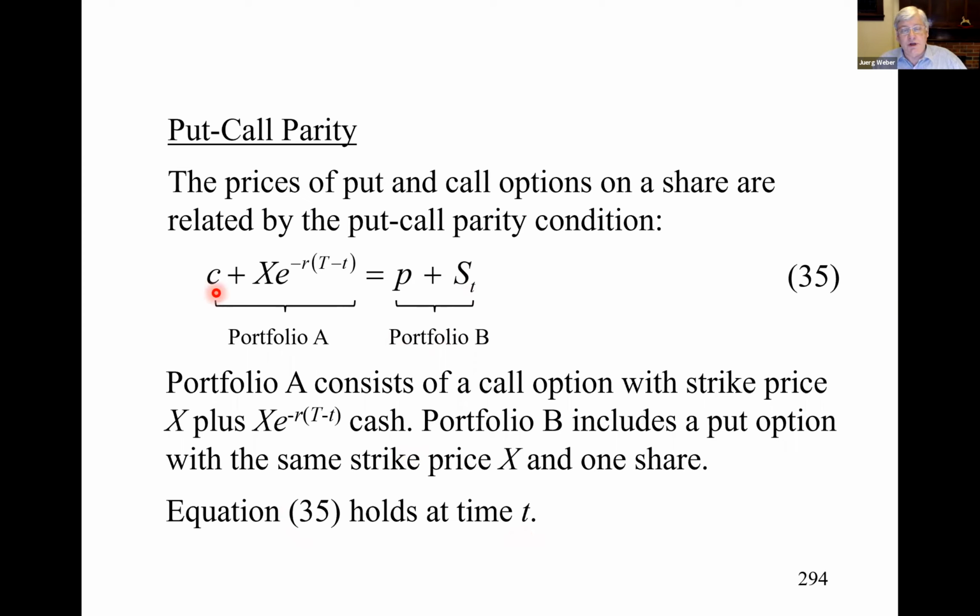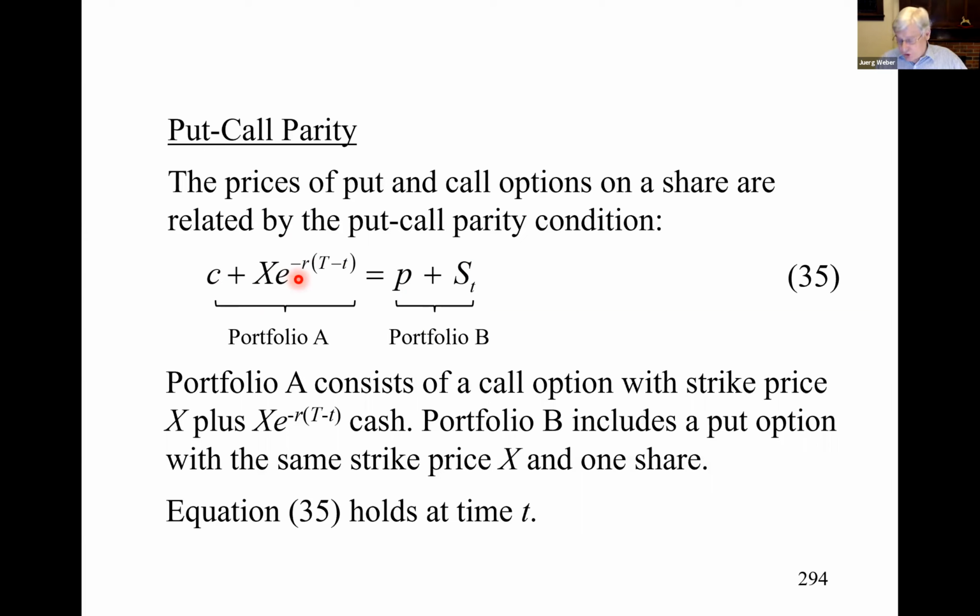The call option is written at time small t, the put option is written at time small t, and here we have the share price at the beginning of the interval. And here we have the strike price, which applies to time big T, the expiration date, so we discount this by the interest rate.